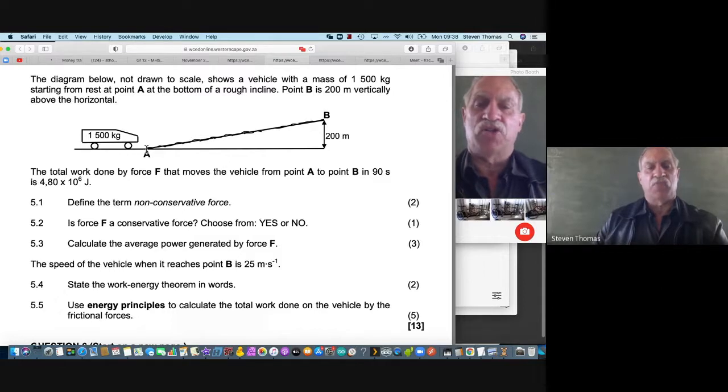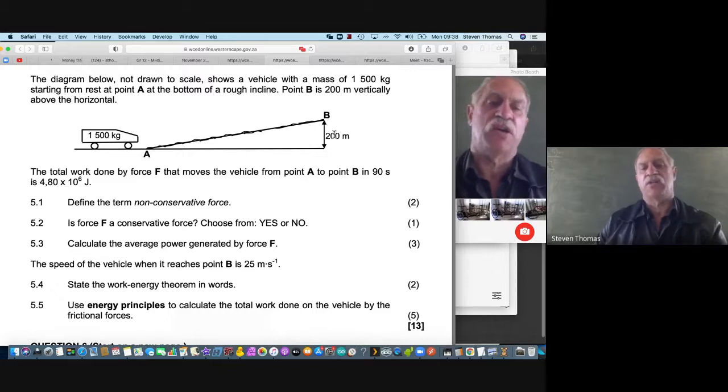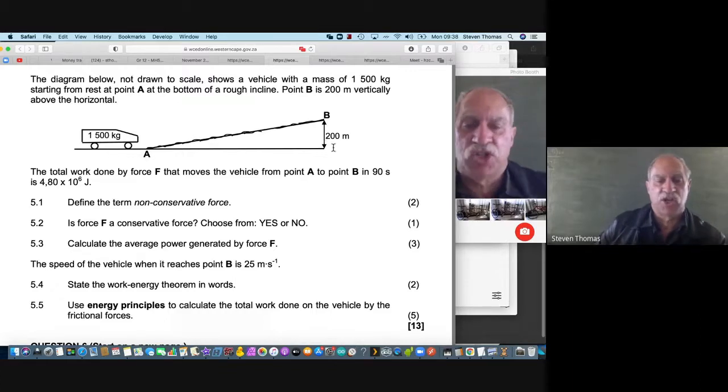Then our change of potential: it goes from 0 height to 200 meters height. So change of potential is mgh final minus mgh initial. Its initial potential energy is 0. Its final is mgh, that's 1,500 times 9.8 times 200, and then you get its change of potential.